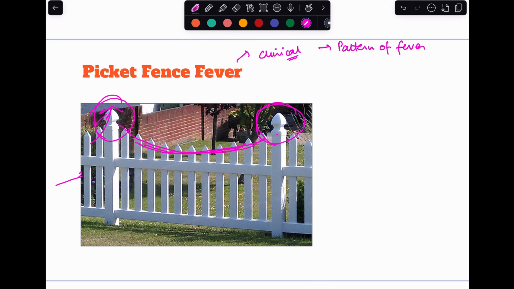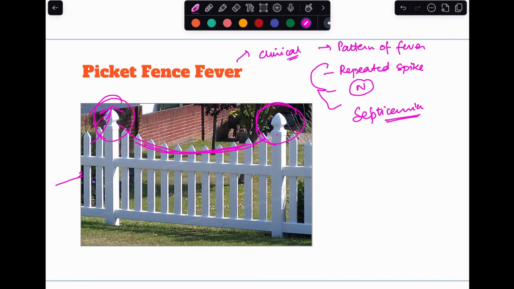Now, let's try to understand the reason behind this particular fever pattern that occurs in lateral sinus thrombosis. The typical feature in this pattern is that we see repeated spikes in the fever, and in between the repeated spikes, we are seeing normal or very low grade temperature. The reason behind this particular pattern is septicemia.